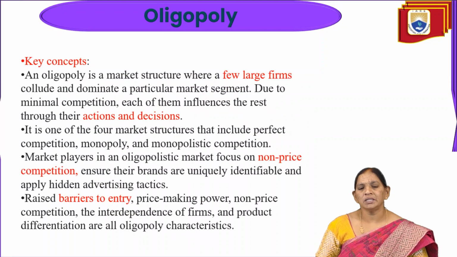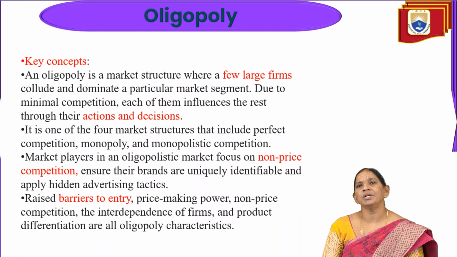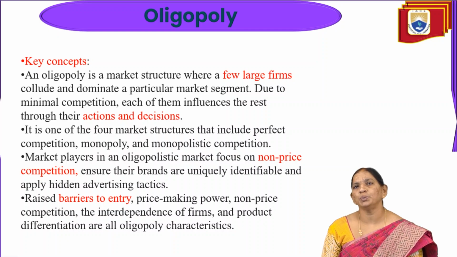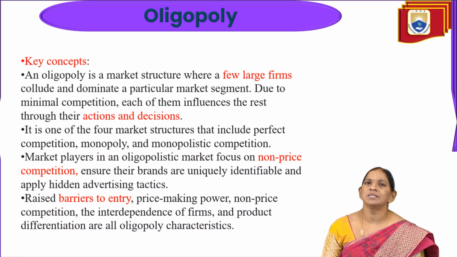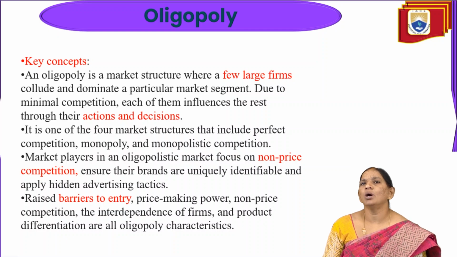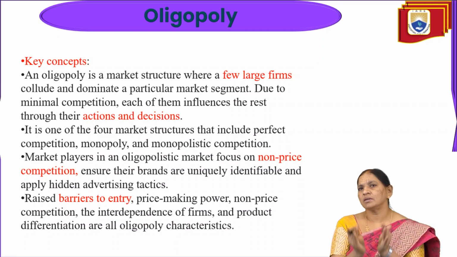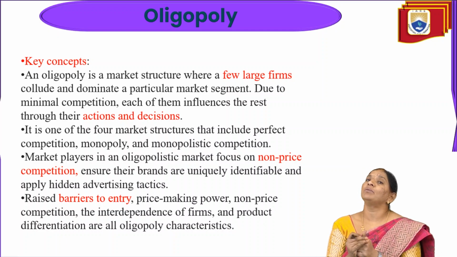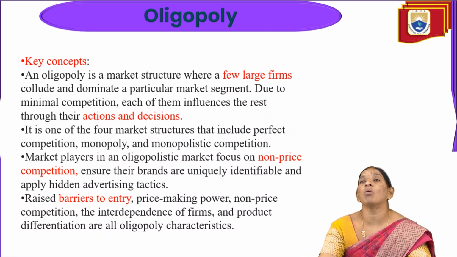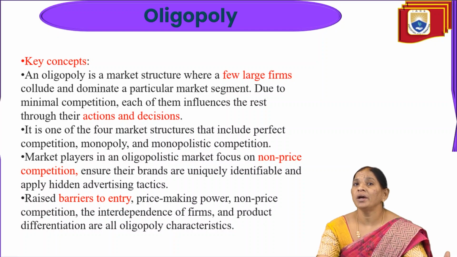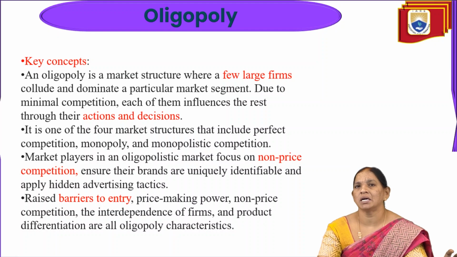Along with that, we see some of the key concepts relating to this oligopoly market structure. Here in the oligopoly market structure, we have a few larger firms. Those few firms, through collusion and market sharing, will dominate a particular market segment.